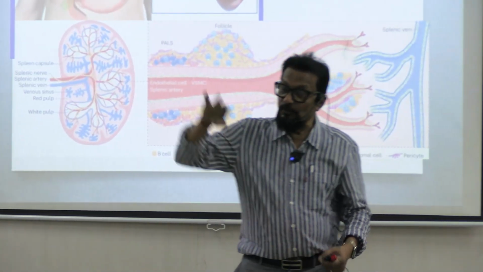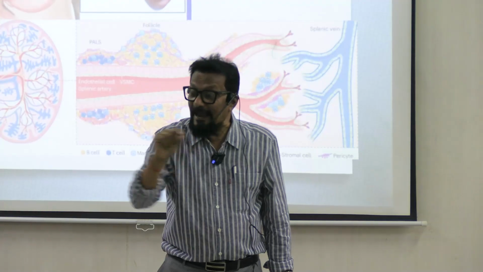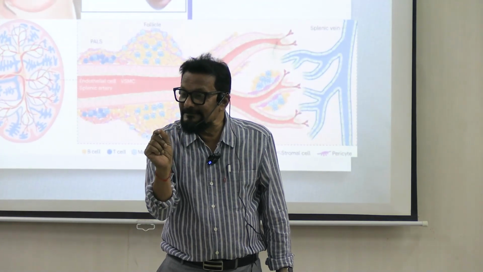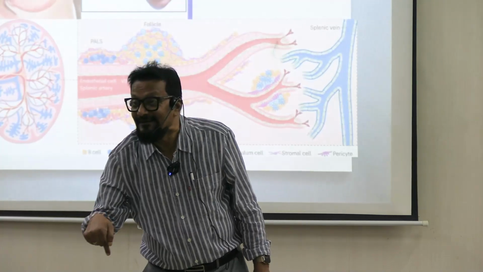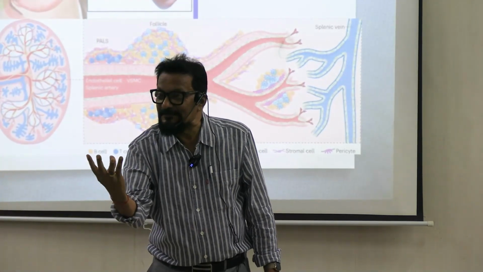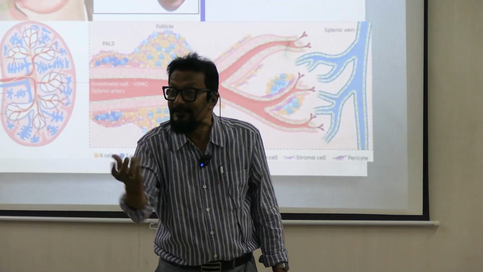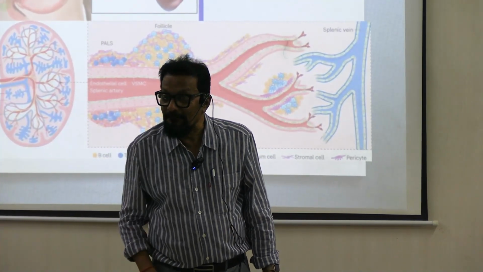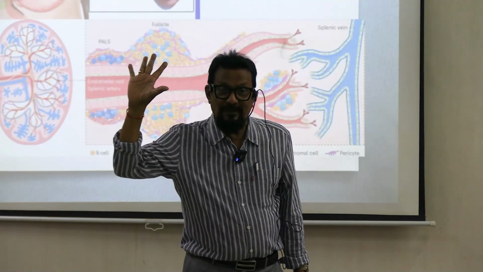In the glomerular capillaries, the endothelial lining is not so big, so small proteins can be filtered through that. But albumin cannot be filtered. The size of albumin is big. So it cannot be filtered.